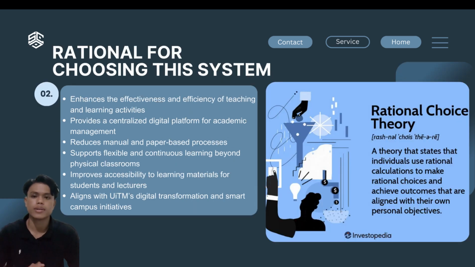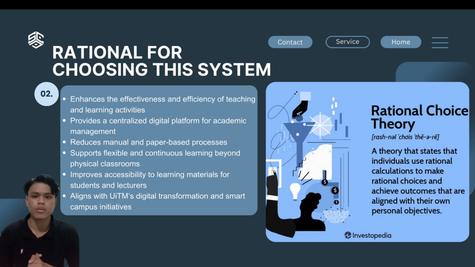And last but not least is the rationale for choosing this system. The UFuture system is chosen because it enhances the effectiveness and efficiency of teaching and learning activities at UiTM. It provides a centralized digital platform for academic management and helps reduce manual and paper-based processes.